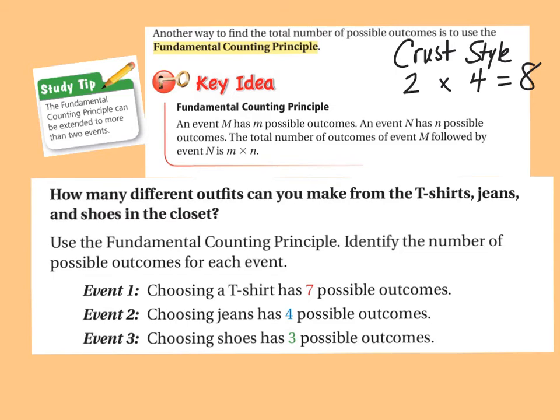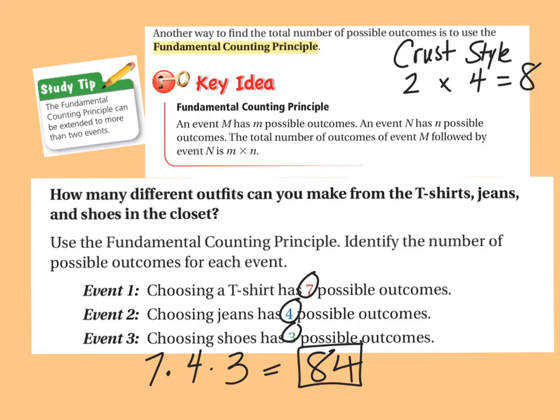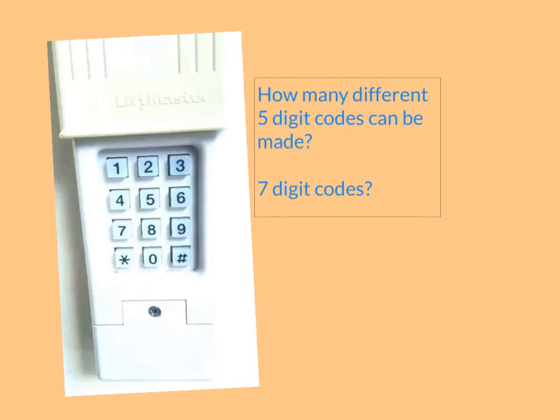All we would do is take these 3 numbers and multiply them together, and we can figure out that there are 84 possible outcomes. This doesn't tell us all of the outcomes. We'd have to make a tree diagram or use a table to show all the outcomes. But this tells us we could make 84 outfits just out of having 7 shirts, 4 pairs of jeans, and 3 pairs of shoes.